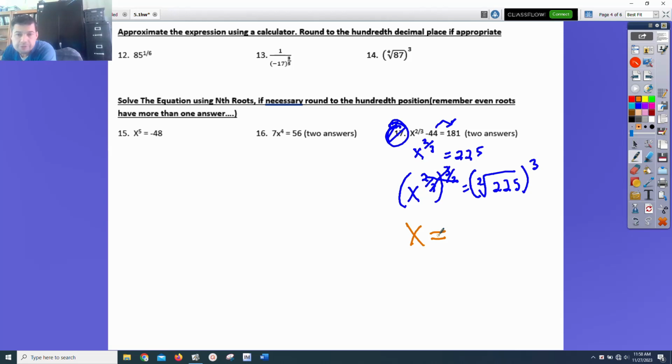Now the square root of 225 is 15, but it's plus or minus. Plus or minus 15.